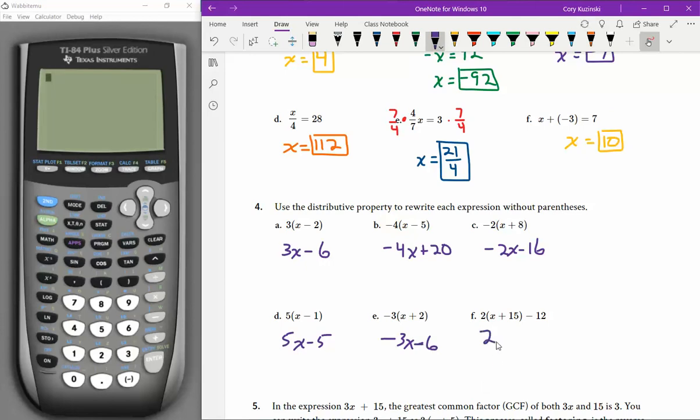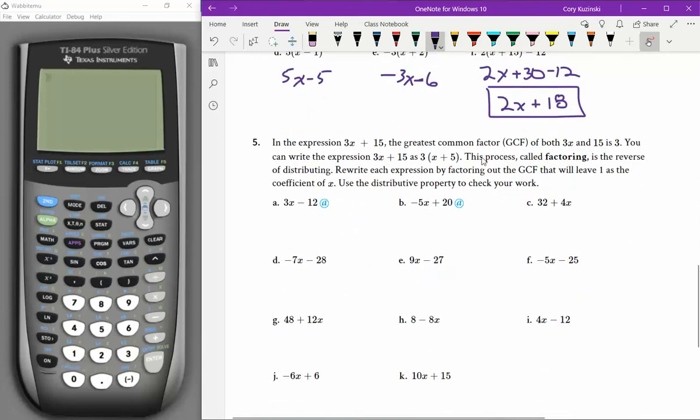And this one's got a couple steps, so start here by doing distributive property. Then we'll combine like terms. 30 minus 12 is 18. So 2x plus 18 is what we'll leave for our final answer.